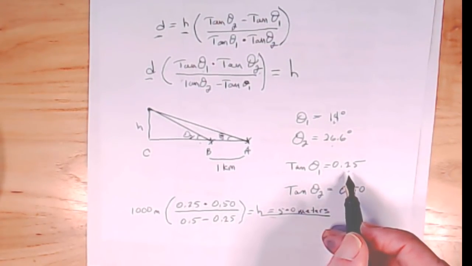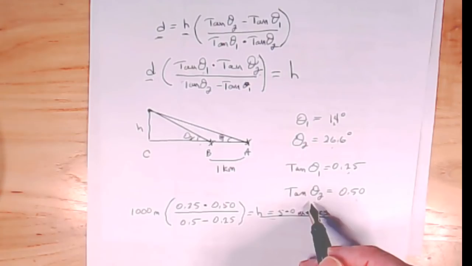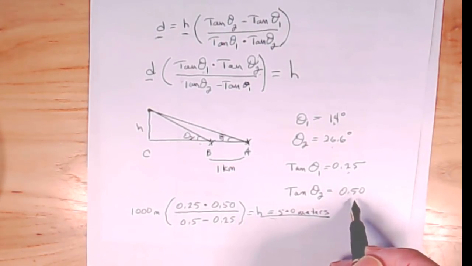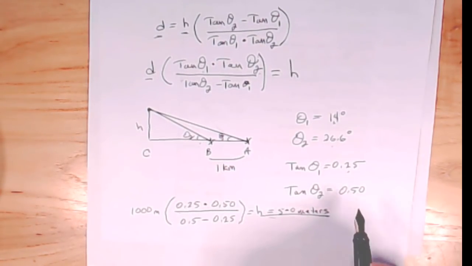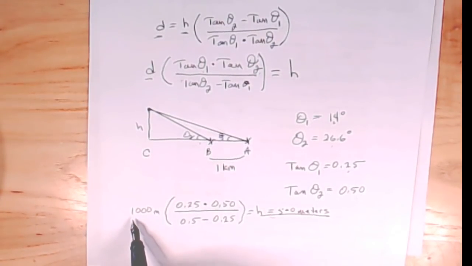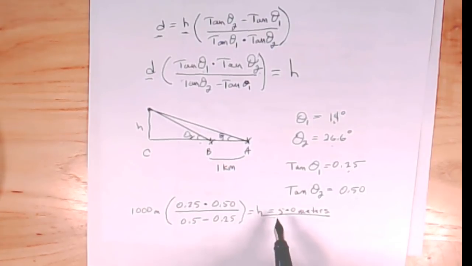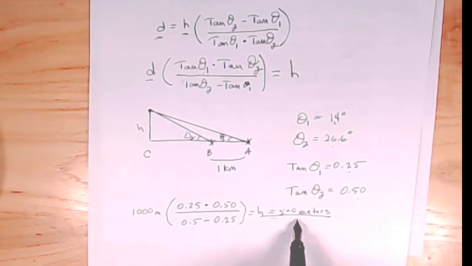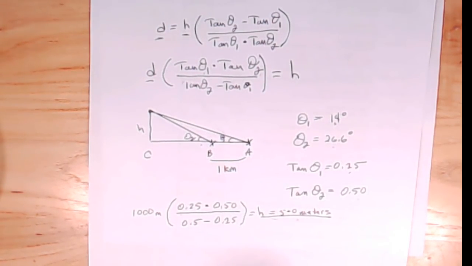Well, the tangent of 14 degrees is 0.25, and the tangent of 26.6 is 0.5. We come down here and multiply the distance between the two, which is 1,000 meters, times tangent 1 times tangent 2 over tangent 2 minus tangent 1, and we come up with a height, which is 500 meters.